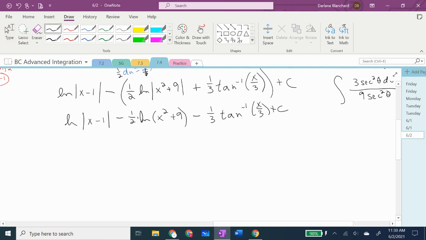I can take the multiplication by 1/2 and turn it into an exponent. So this is now the natural log of x squared plus 9 to the 1/2 power, meaning square root. And then when I subtract the two logarithms, I divide the insides. Only the x minus 1 needs that absolute value.